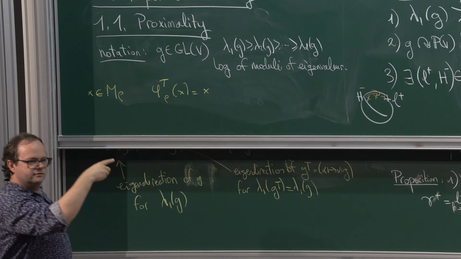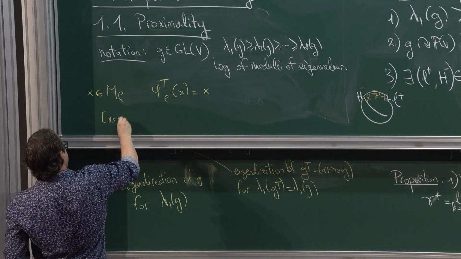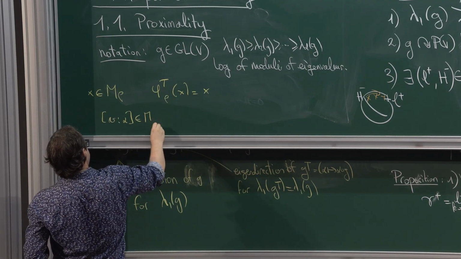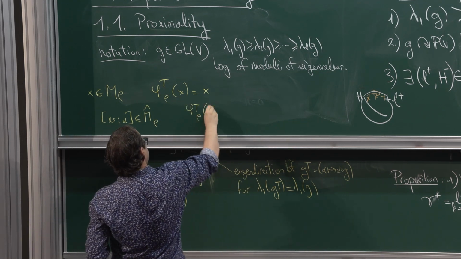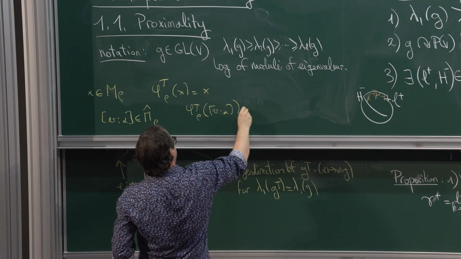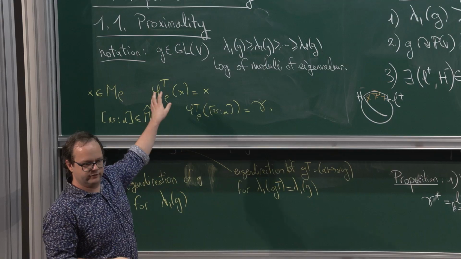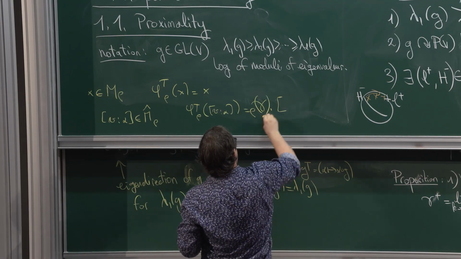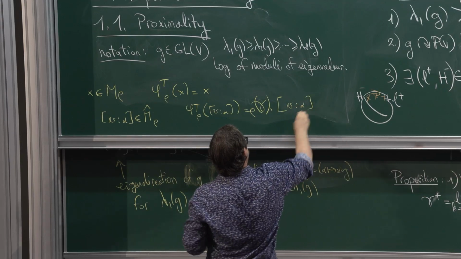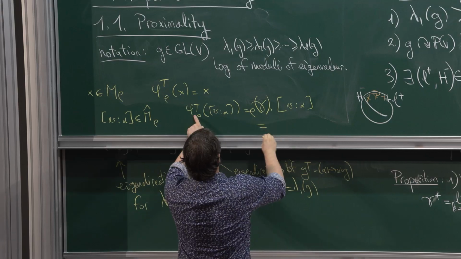When you lift this to m rho hat, it lifts to some v alpha in m rho hat, such that phi t rho of v alpha is not equal to v alpha, but is in the orbit of v alpha. Right? Is some rho of gamma applied to v alpha.